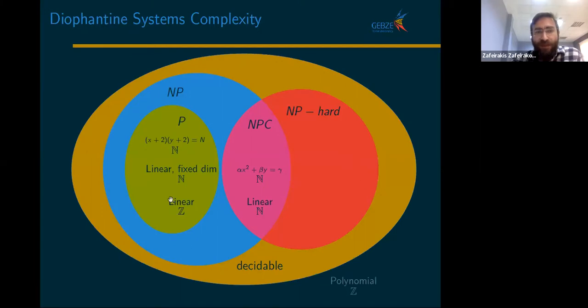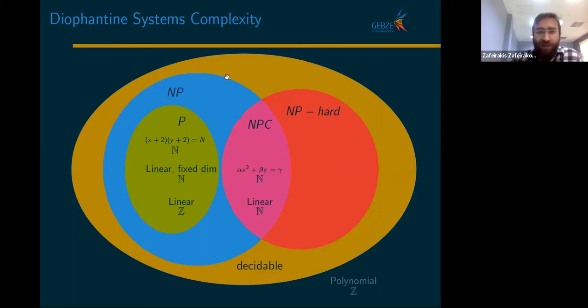So let's say a bit about the landscape of Diophantine systems. By the way, Diophantine means that we want non-negative integer solutions. As we saw from Hilbert's 10th problem, here in the dark side, we have a polynomial asking for integer solutions. We cannot decide that.